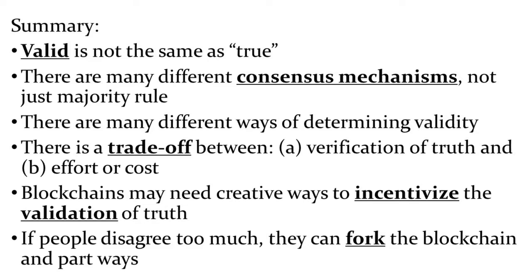Ultimately, blockchain may need creative ways to build in incentives for people to validate truth, and that might include financial incentives. If people disagree too much about the values behind a particular consensus they are trying to reach, they always have the option to fork the blockchain and part ways. In any case, I hope this video has helped you to think more clearly about consensus and validity on blockchains.